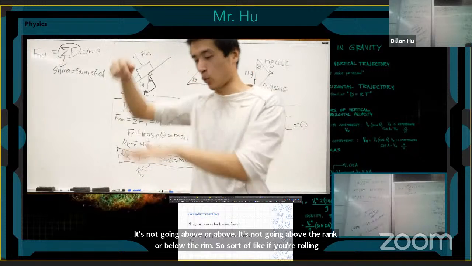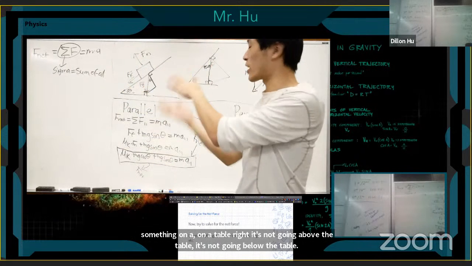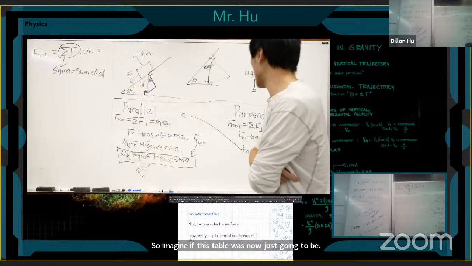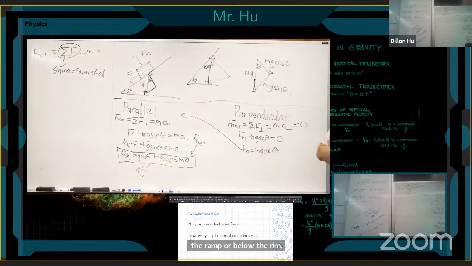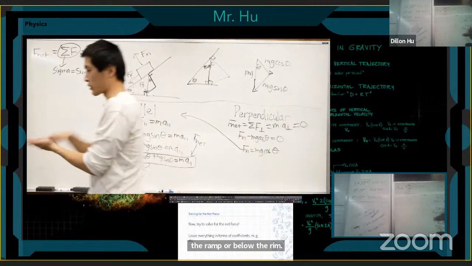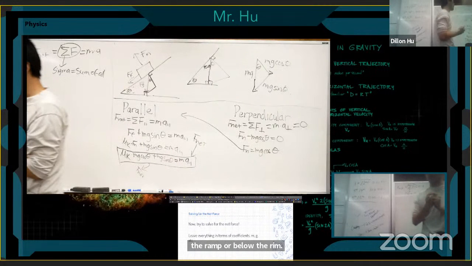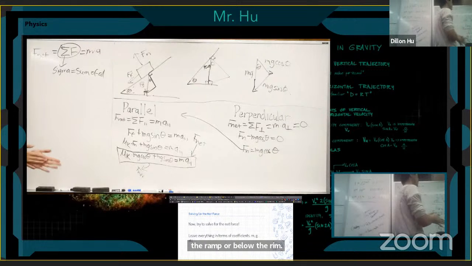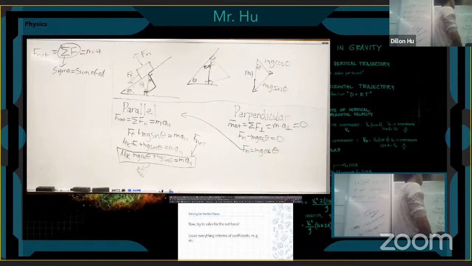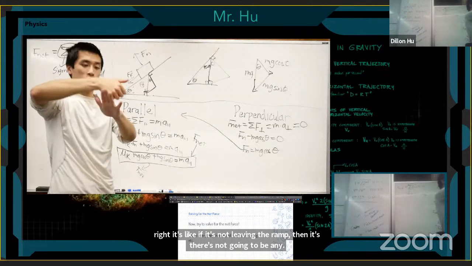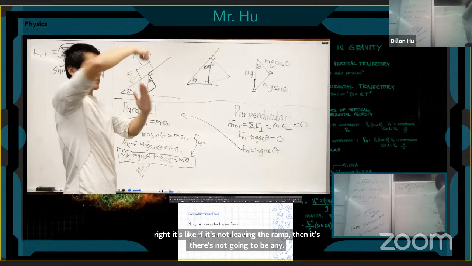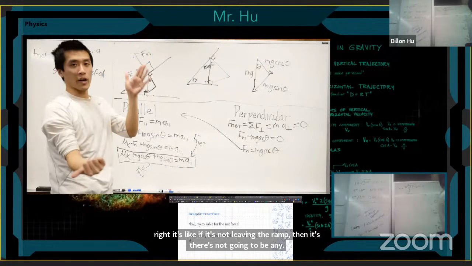But if something is just rolling on the ramp and it's not leaving the ramp, then there's not going to be a net force there. Because it's just staying parallel to the ramp, there's not going to be a net force in that direction. If there was a net force in the perpendicular direction, then the truck would be accelerating above the ramp, like this, or going through the ramp.